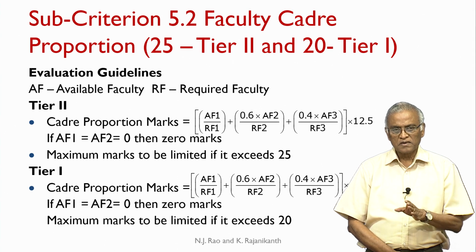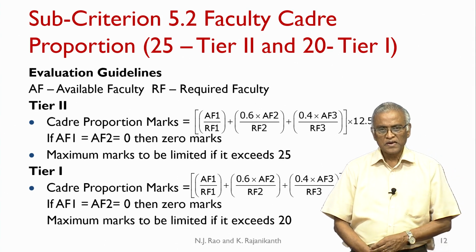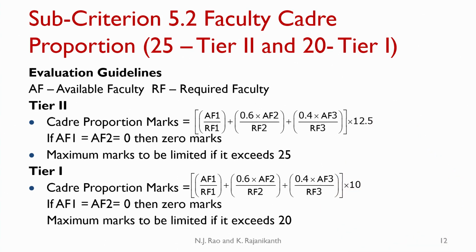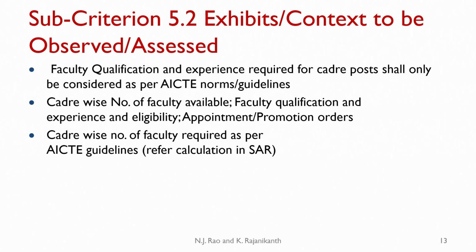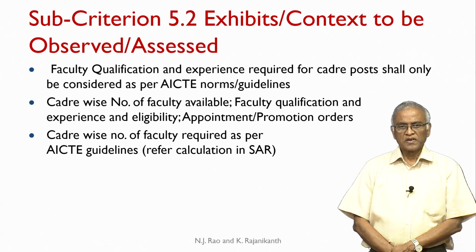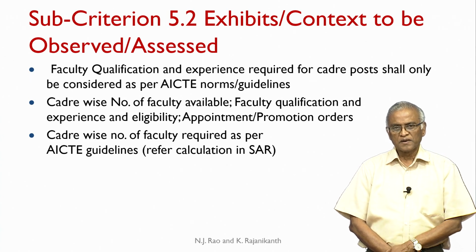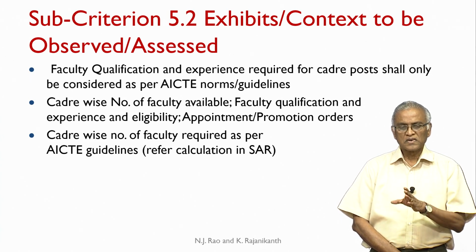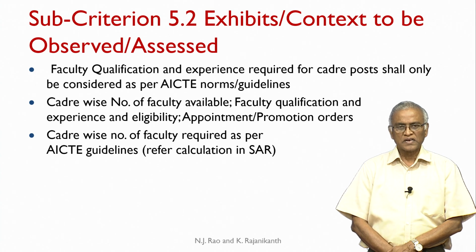And for tier 1, the only difference is the multiplying factor, namely instead of 12.5, now you multiply it by 10. That means the maximum number of marks that a tier 1 institution can get for sub-criterion 5.2 is only 20. And once again, faculty qualification and experience required for cadre posts shall only be considered as per AICTE norms and guidelines.